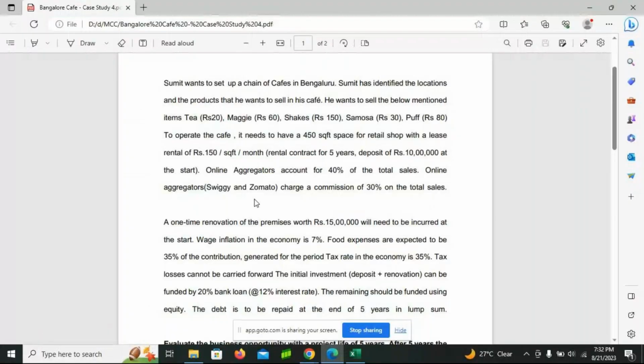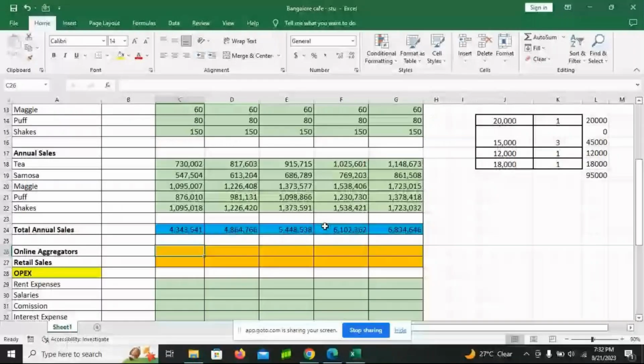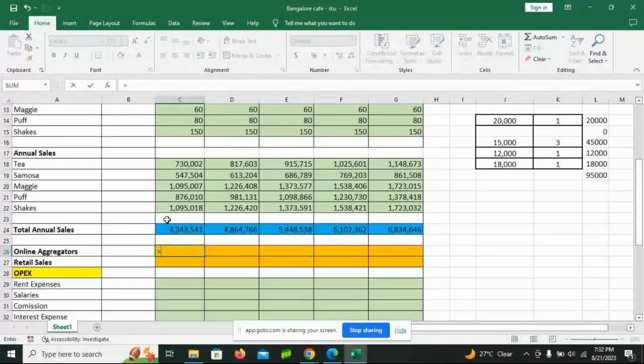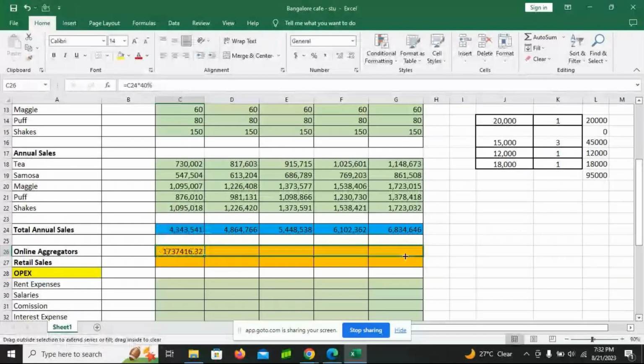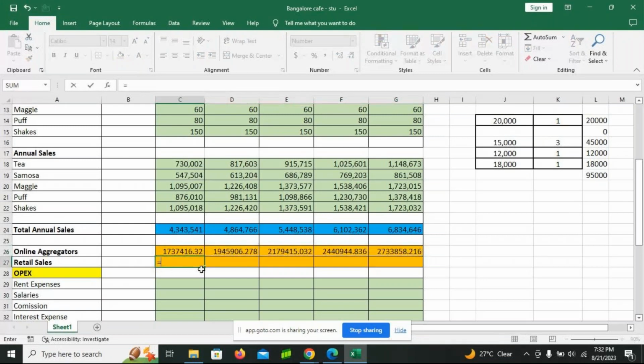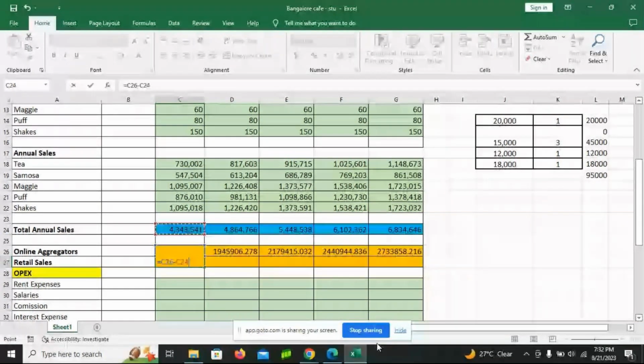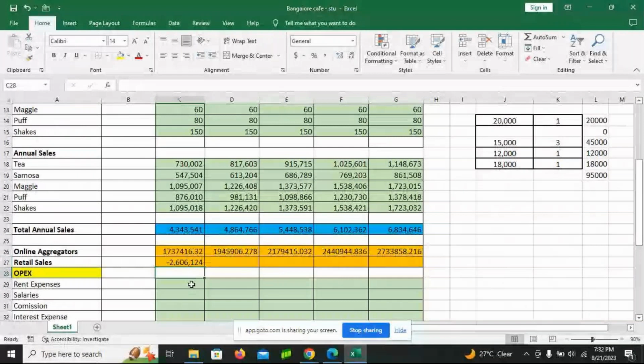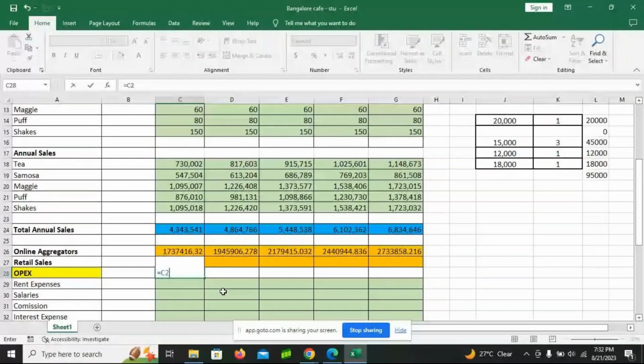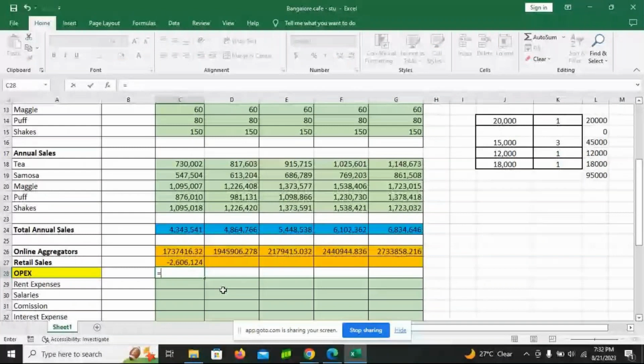They are telling 40%, equals 24 into 40%. So drag it here. So retail sales will be annual sales minus online sales.